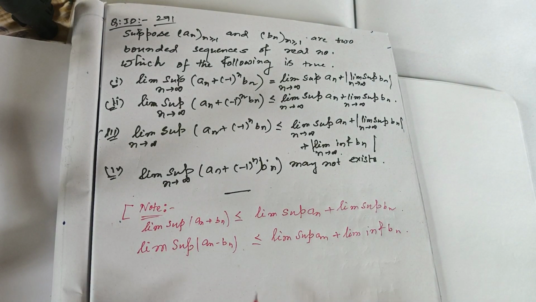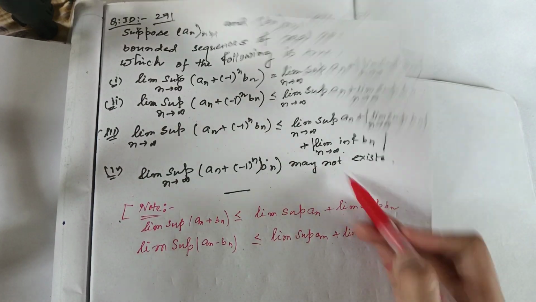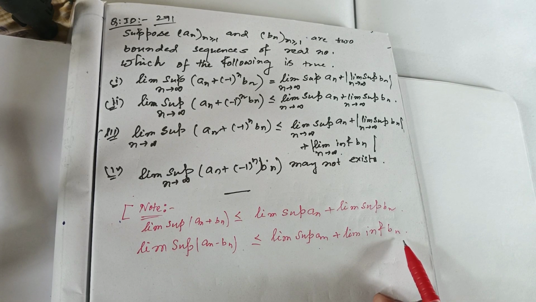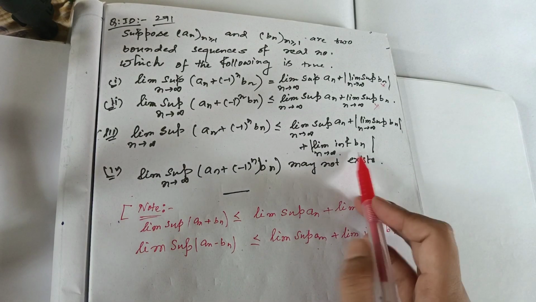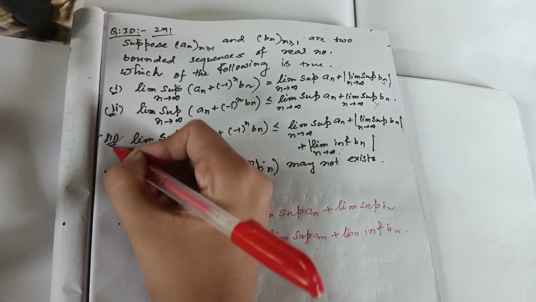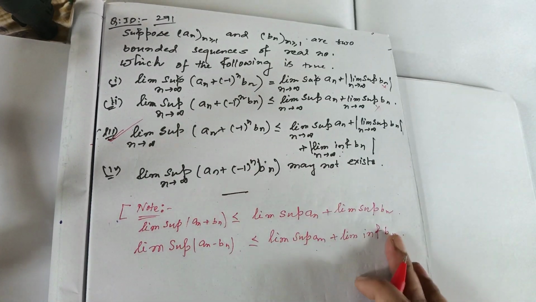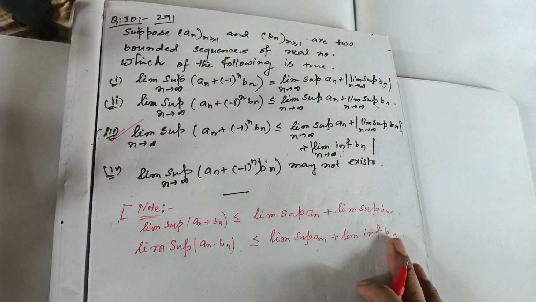Okay, so this is the negative sign also given. So obviously if the limit supremum and limit infimum exist, then this is the correct option. So the first option is not correct, the second option is not correct, here limit infimum and supremum both exist, so the third option is correct. Okay, the fourth option says that the limit supremum as n tends to infinity of a_n plus (-1)^n b_n may not exist.